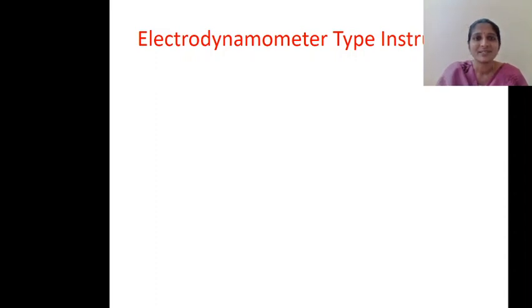And the next one, the MI instrument. MI can be used for both AC as well as DC. The different types of MI instruments are, first, the attraction type, and second, the repulsion type.